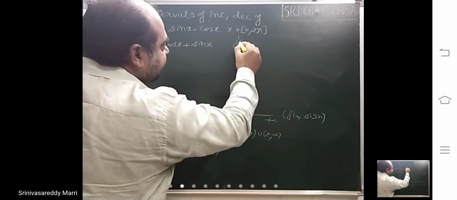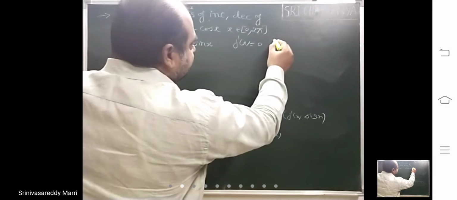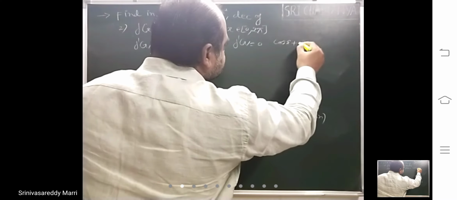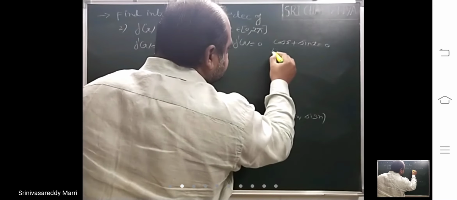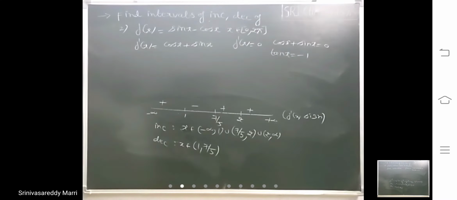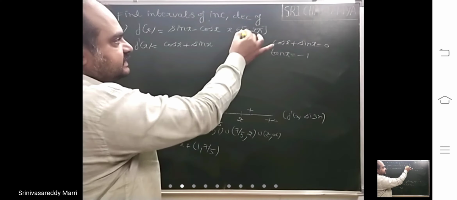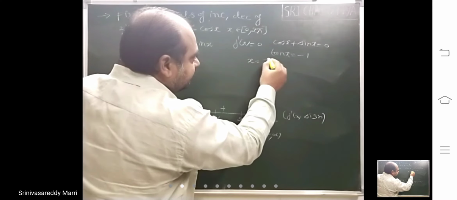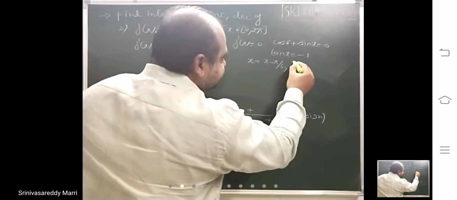So find the critical points. F dash x equal to 0 means cos x plus sin x equal to 0. That means tan x is what? Minus 1. Tan x is minus 1. So x value will be, this is 0 to 2 pi means second quadrant angle.